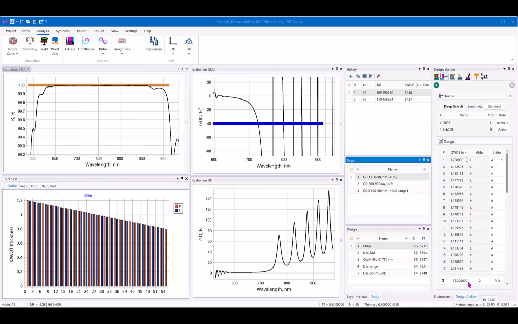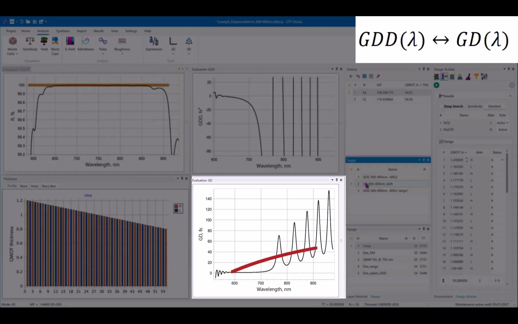To demonstrate another design approach, I load my good starting design, again a chirp mirror, but instead of group delay dispersion target, I will load group delay target. OTF Studio has a tool that allows you to recalculate group delay target to group delay dispersion target, and in the opposite direction, group delay dispersion target to the group delay target.